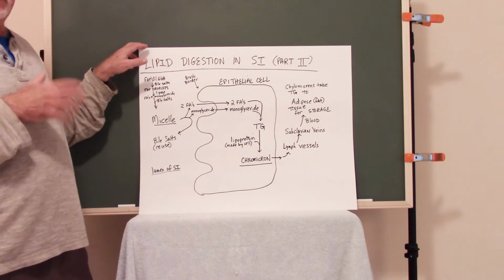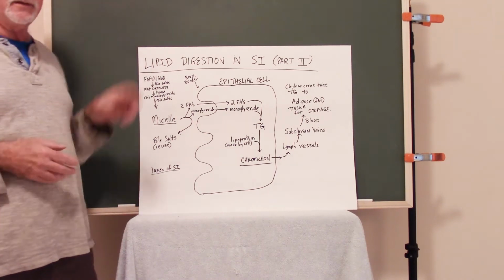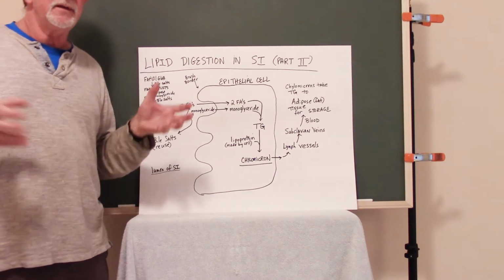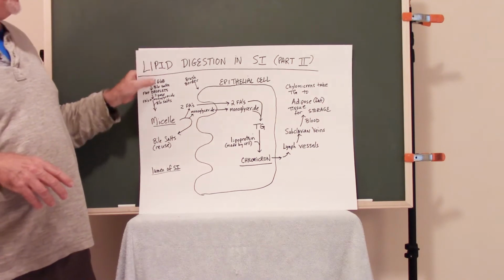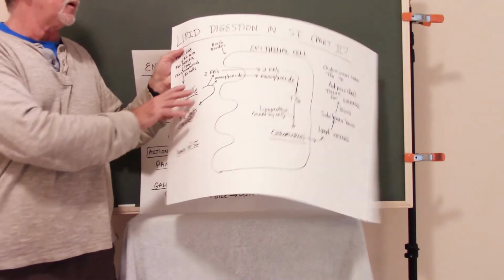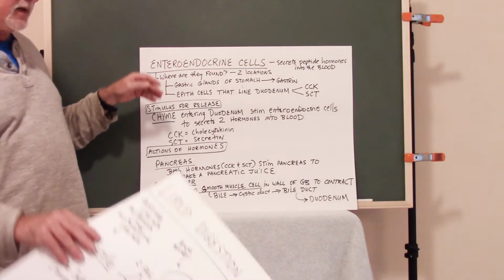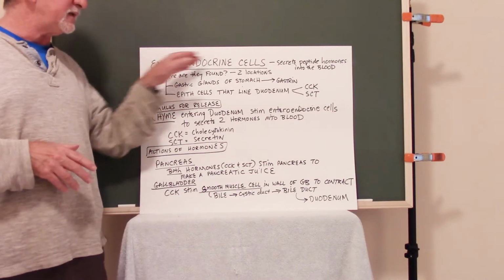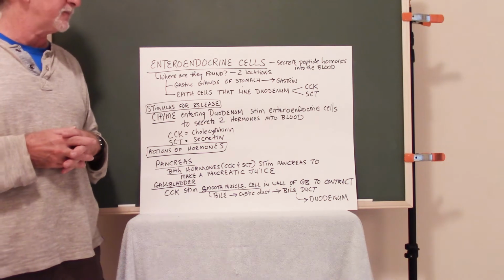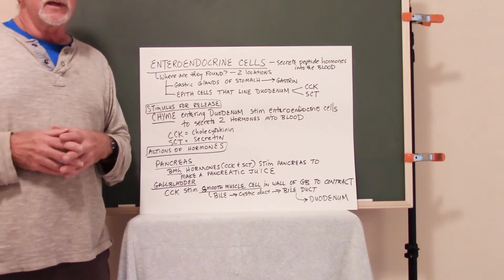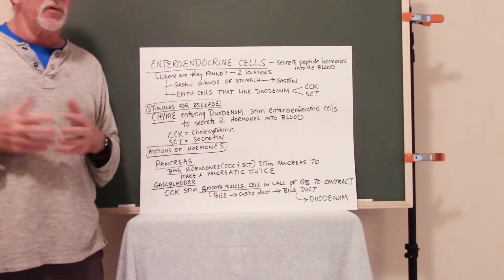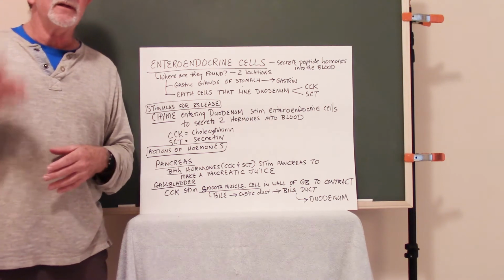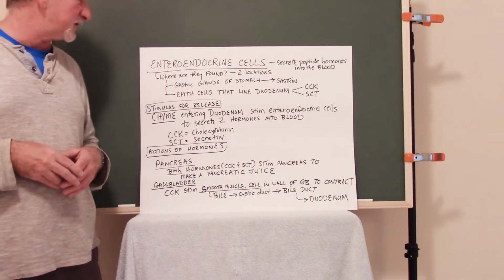So we're going to move on from the digestion of carbohydrates, protein, and lipid, and finish up a discussion of the small intestine by looking at special cells in the small intestine called enteroendocrine cells. Enteroendocrine cells secrete peptide hormones, and they're found in 2 locations.